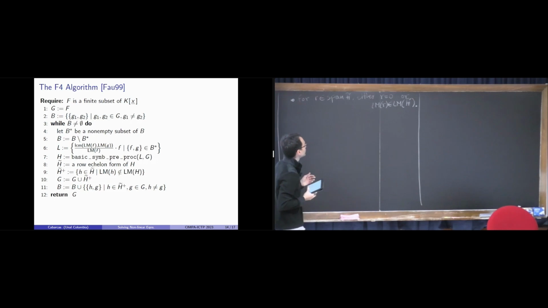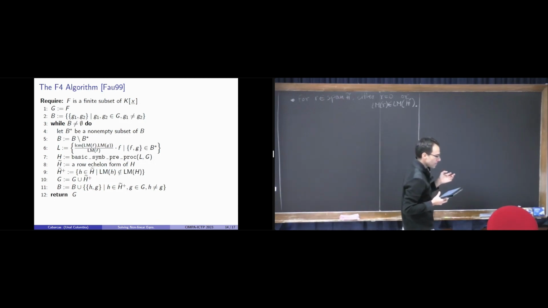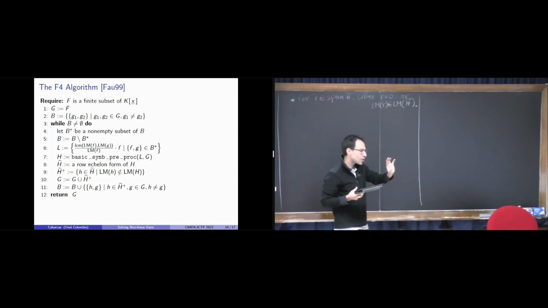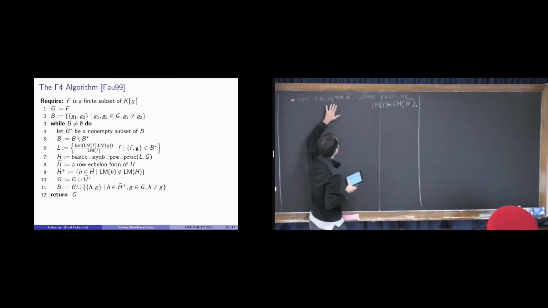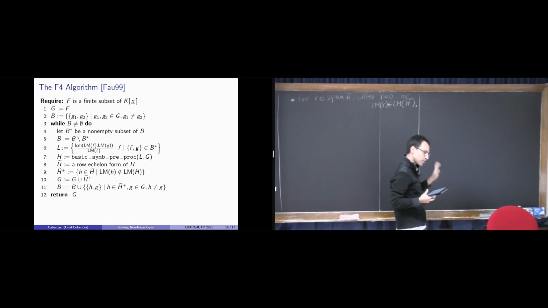That's not hard to believe, because H tilde is echelonized, it has all possible leading monomials that can be obtained by linear combinations of elements in H tilde. I'm not going to prove this one. Simple linear algebra is a good exercise. I'm going to leave it there.